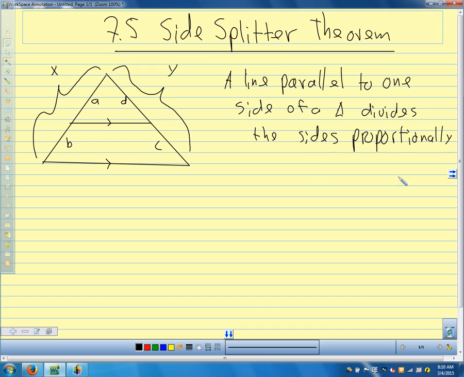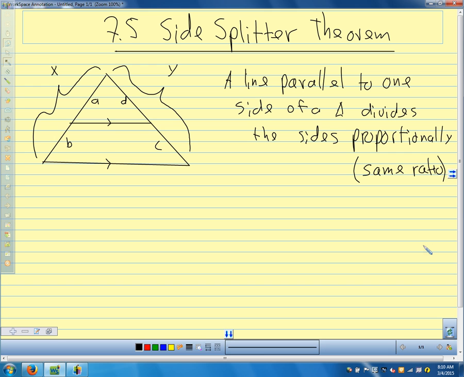So we can say, as a reminder, the same ratio. So it divides the sides into the same ratio. So just a reminder, in chapter 7, our main technique, if we're not sure what to do, is write a proportion. That's our tool for chapter 7.